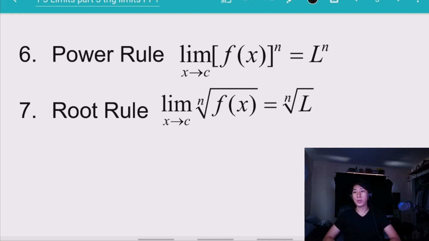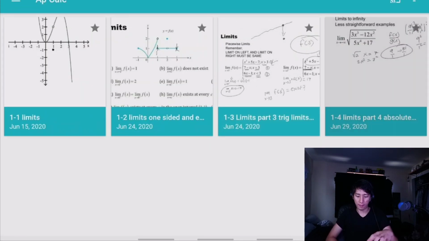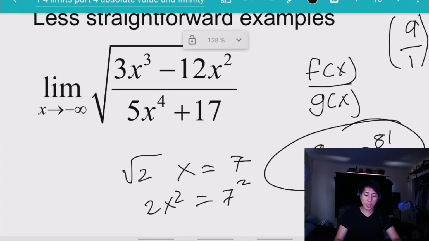Just as a quick note, if ever you see square roots over something like this, you can just ignore it and deal with it later. But that's because we established that rule last time. So if you're doing this, you guys were correct.